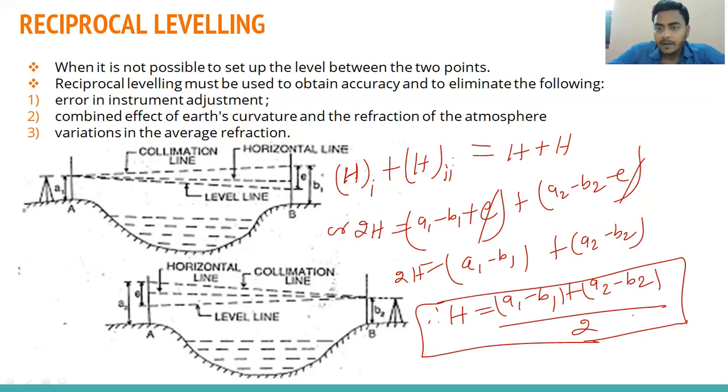Now you can see in the formula that we get here, to calculate the true difference between the levels of stations A and B, no need to apply any correction, right?